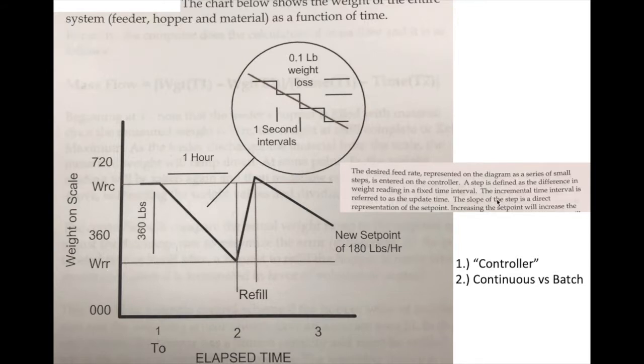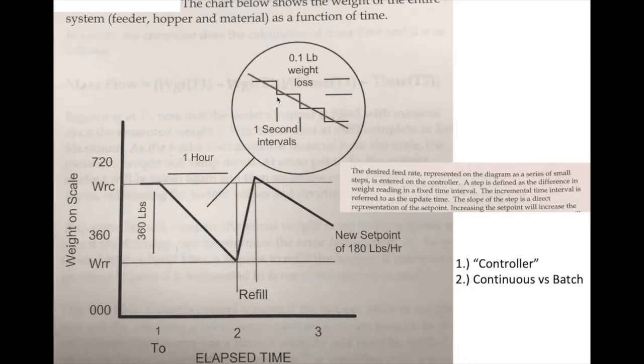But as I was saying, this part of the manual is referring to this discrete nature of the K-tron, where the actual weight is decreasing continuously in a solid line, but the K-tron is only measuring on a set interval.